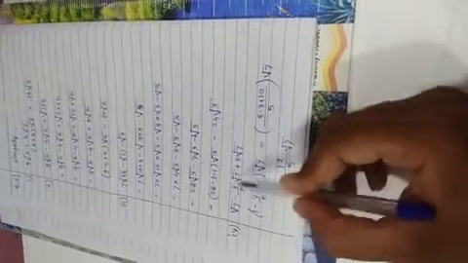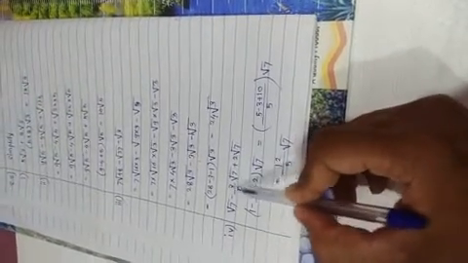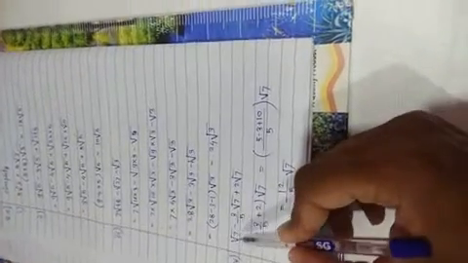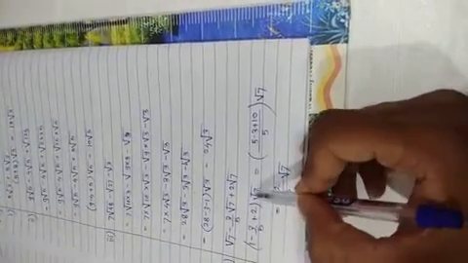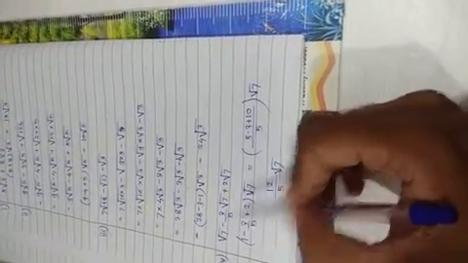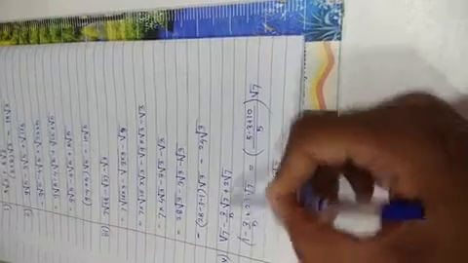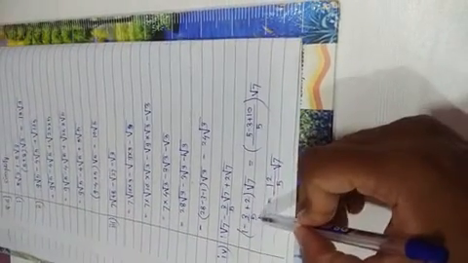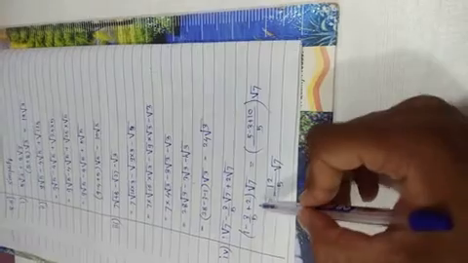But in the second term a fraction is given. There is no problem. How to do that? We just take root 7 common in the three terms and do the operation on the coefficients. Here the multiplier is 1, so 1 minus 3 upon 5 plus 2.